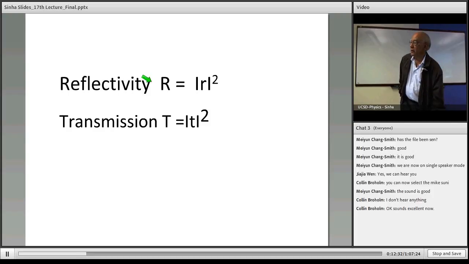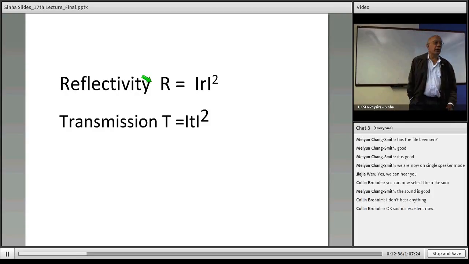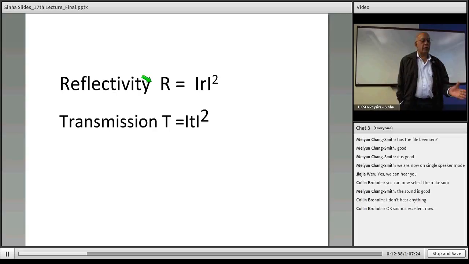And operationally, this reflectivity is measured by simply setting a sample up for specular reflection and measuring the intensity of the reflected beam and dividing it by the intensity of the incident beam, assuming that you made all the corrections for background and the fact that you're measuring the same beam areas in both cases.